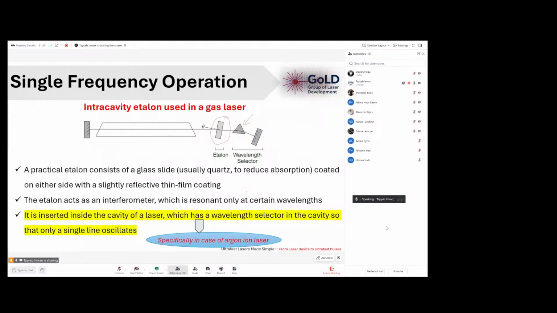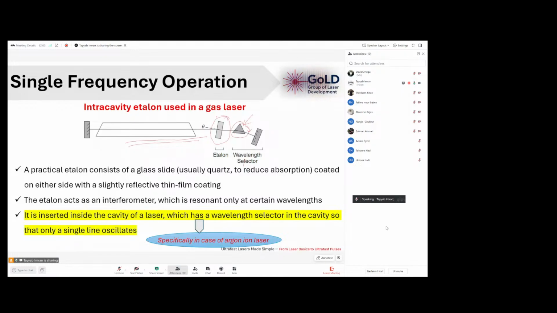So if we rotate this prism to a certain angle, then a certain wavelength will pass through. Okay, if we rotate more, then other wavelengths will pass through. Not all the wavelengths will pass through. Okay, it has to be at a certain angle. So only that wavelength which passes through the prism will oscillate in the cavity.